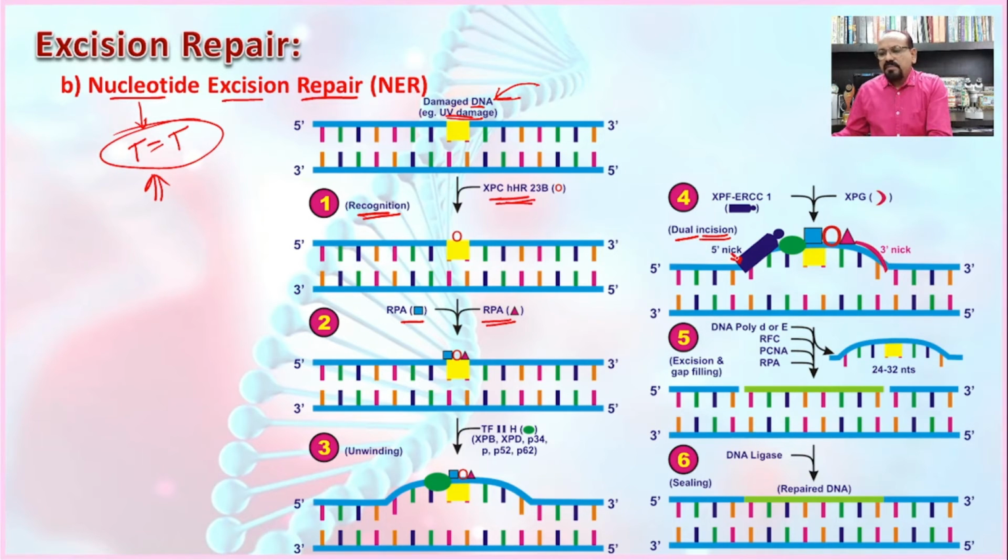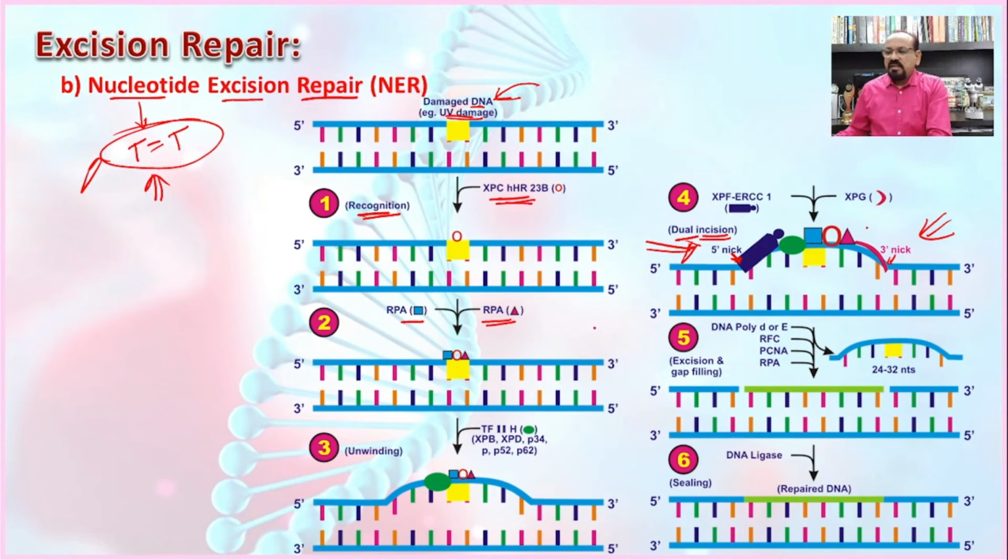Here there is formation of two nicks, a 3' nick and a 5' nick, and because of this there is a distortion of the damaged strand containing the thymine dimer.